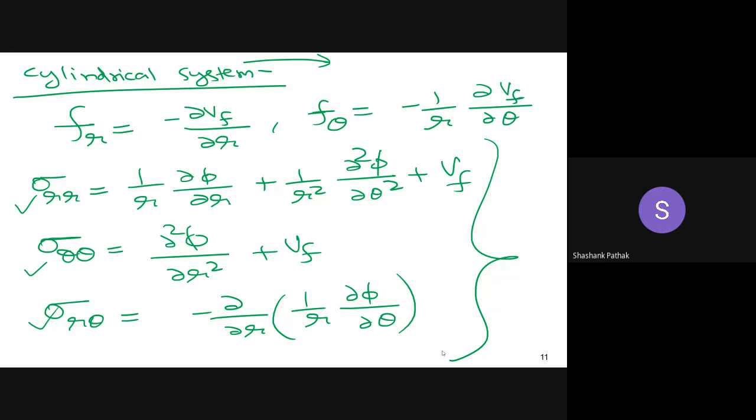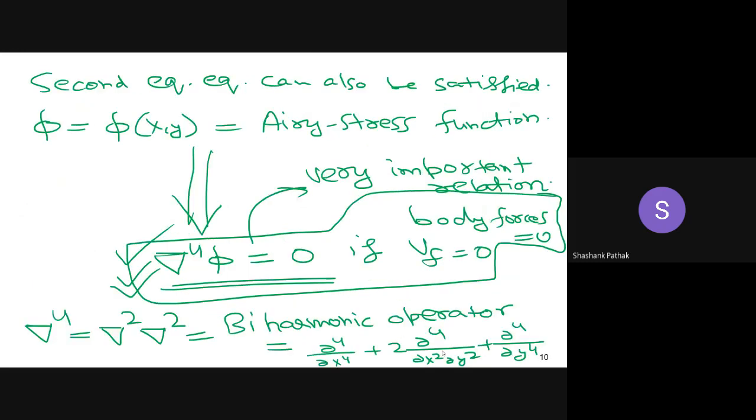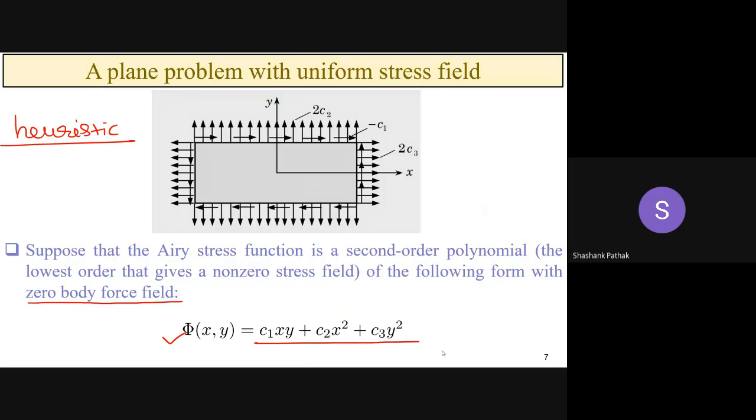With this basic idea, we again go back to the original problem that we started discussing. This was the problem, and for this problem, this was the phi. The objective is to understand how this kind of problem can be written in terms of this Airy stress function.